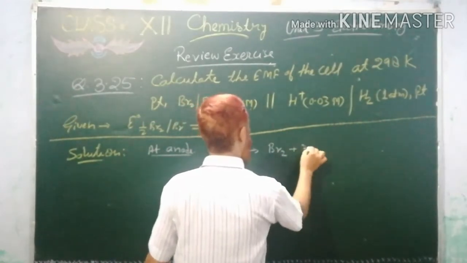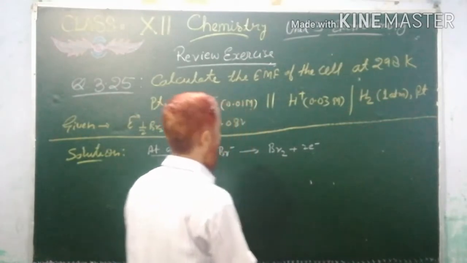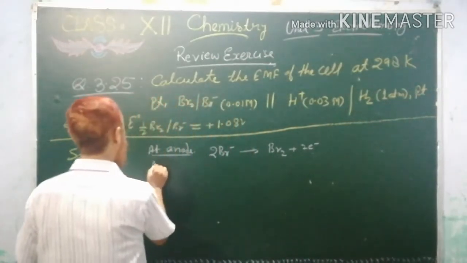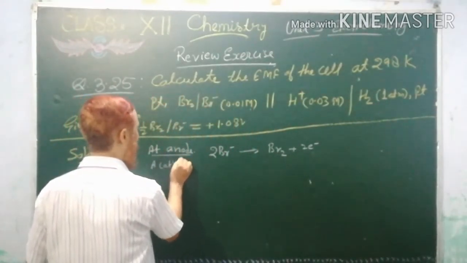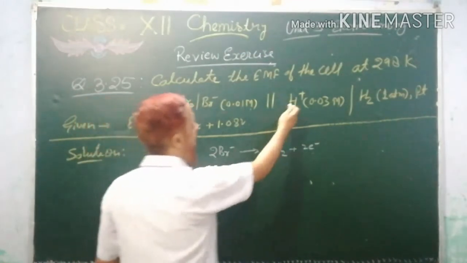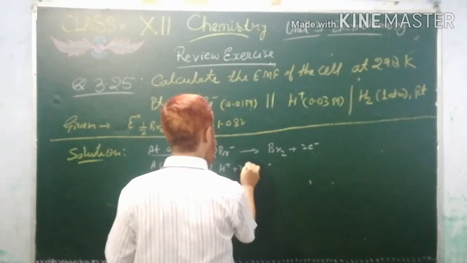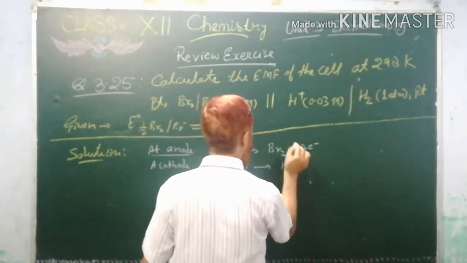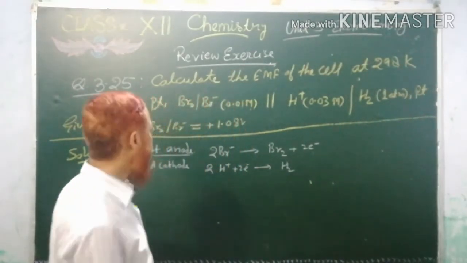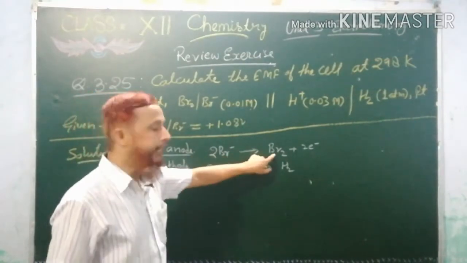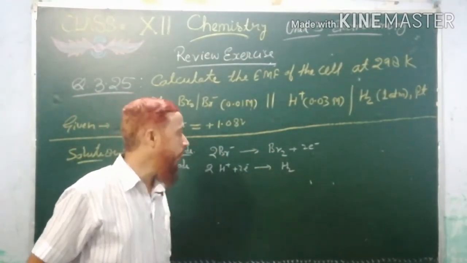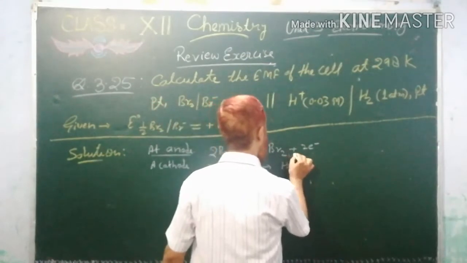So there is a loss of 2 electrons, and at cathode 2 hydrogen ions accept 2 electrons and change into hydrogen gas. It means at anode bromine gas will form and at cathode hydrogen gas will form.